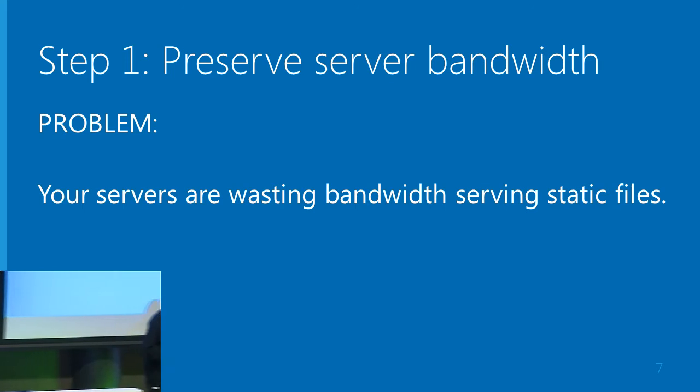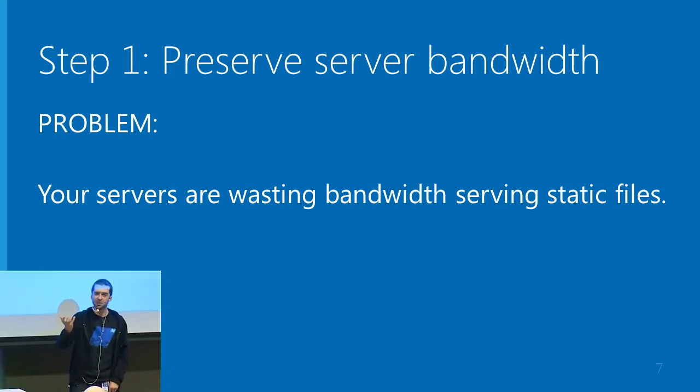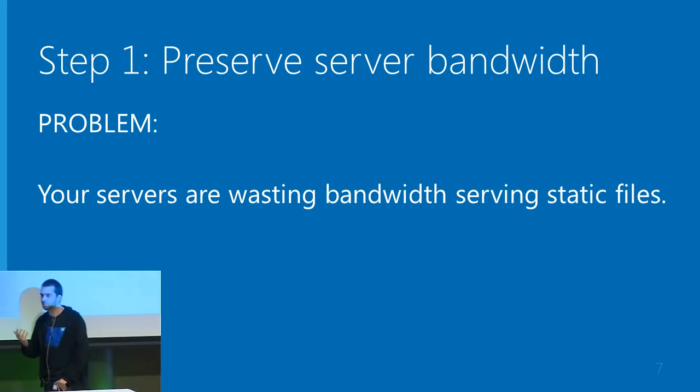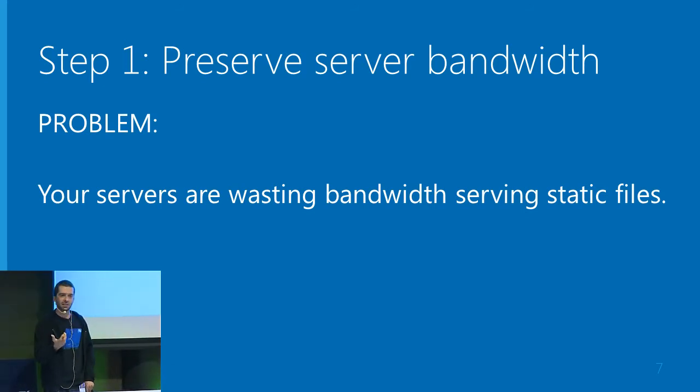One easy, low-hanging fruit you can try out is offloading bandwidth from your application web servers, right? If you have web servers where your code is actually running, you have dynamic content being generated, ASP.NET MVC, Web API, and so on, likely you don't want to share that bandwidth with stuff that you could offload to other servers.